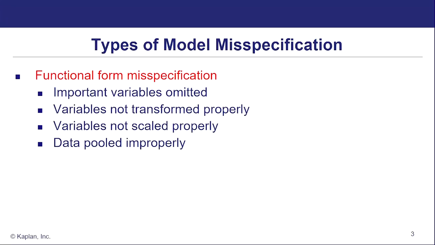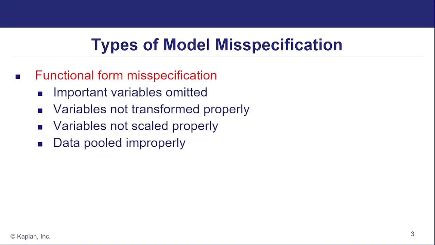Instead, I may want to use a common size statement comparison. So, for example, I may want to compare operating margin or net profit margin to make that comparison. So, scaling of data is important.